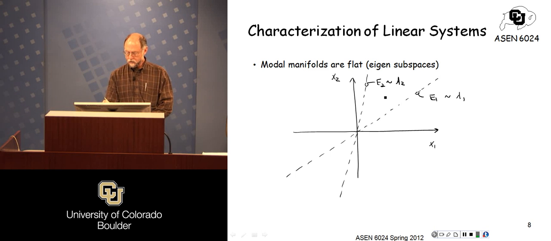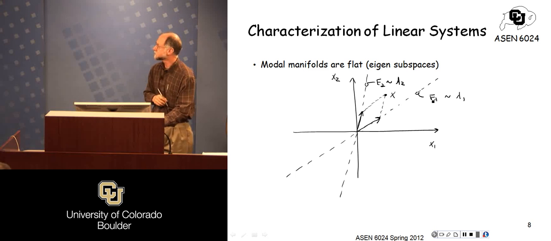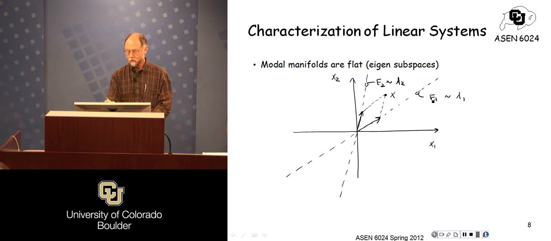And so again, any initial state I might pick here, X, I can write as a component in the E2 direction plus a component in the E1 direction. And then I know how these components of the initial conditions evolve, knowing the eigenvalues.